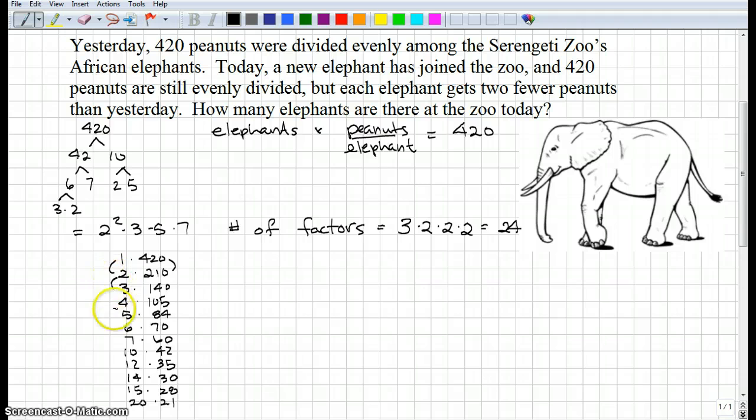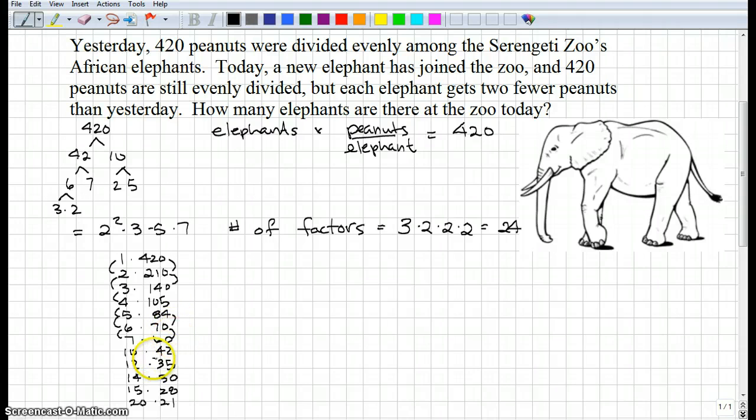These are 1 apart, these are 1 apart, all of those are 1 apart, but the difference in peanuts is a lot more than 2. Here, between 5 and 6, if you had 5 and they each got 84 peanuts, and then you added 1 more elephant, they'd each get 70 peanuts, which is a difference of 14, and we're looking for a difference of 2.